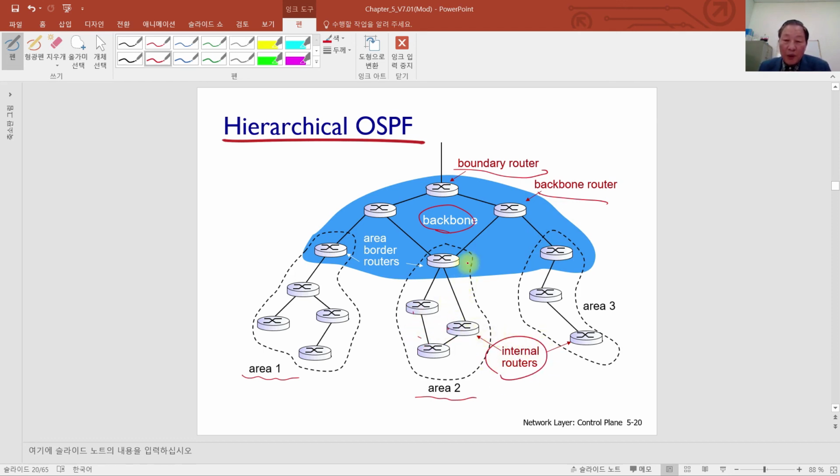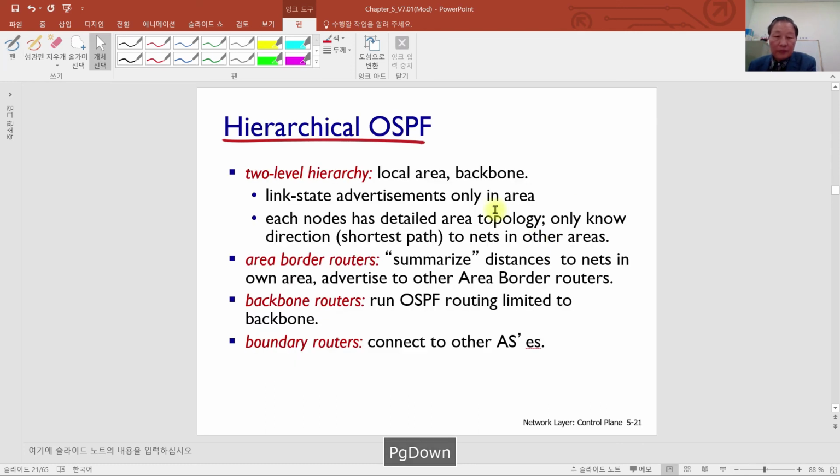Even though they are all routers, they have different roles hierarchically. Hierarchical OSPF has a two-level hierarchy: the local area and the backbone.